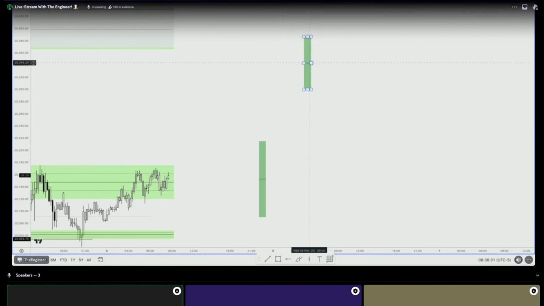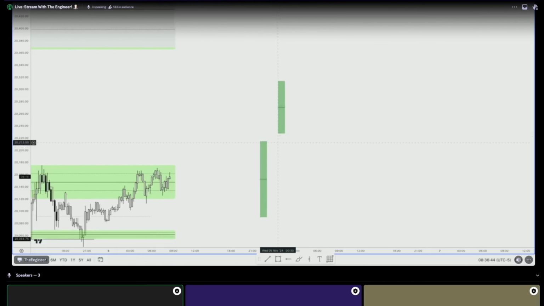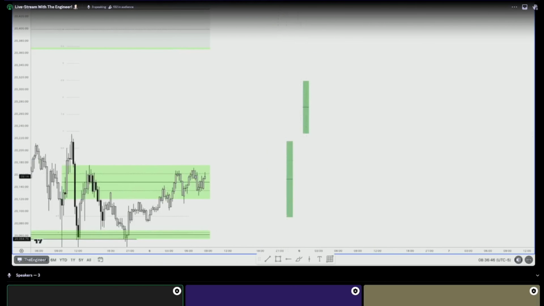There is another way to open, that is gapping outside of the previous range higher. If you are looking for higher prices, you want to see this.